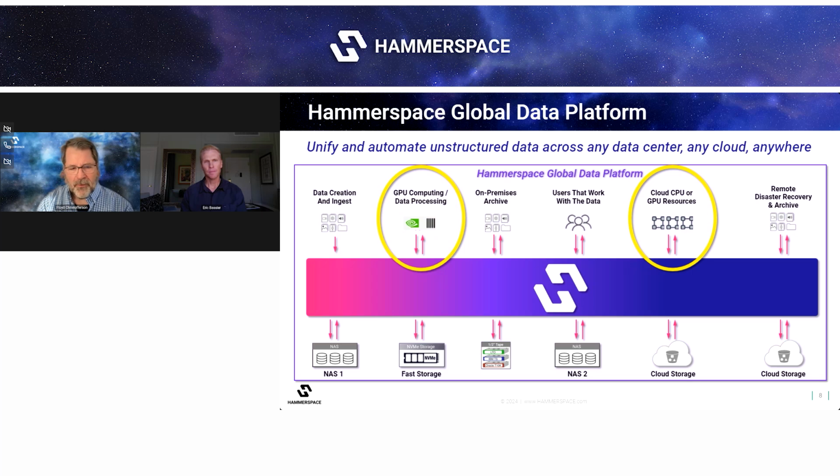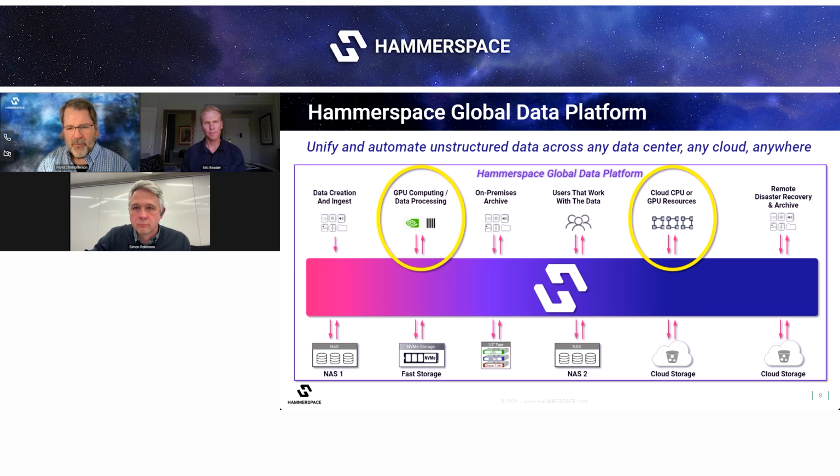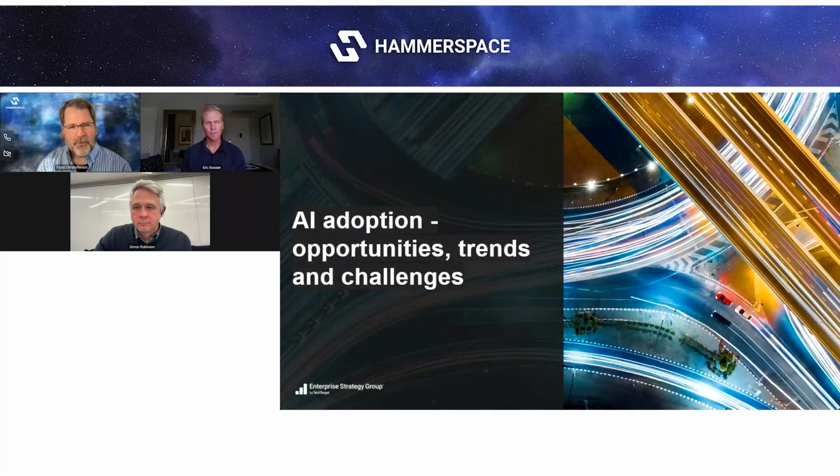How do you manage this? So that's sort of the stage setting for what we'll be talking about today. The Hammerspace release is specifically designed and has features that enable this type of workflow. But to set the context, I'm going to turn it over to Simon, who will talk a little bit about what's going on in the industry and give you context for how this might apply in your environment as well.